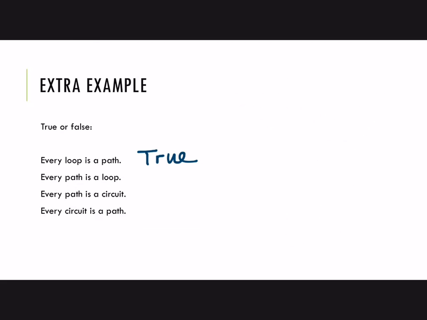If you want to say that technically a loop isn't a sequence of adjacent vertices, that it's just a single vertex, then you would say no, a loop is not a path. But if you want to consider this as the one weird case where we only have one vertex, and notice that the important thing is that we're not crossing edges more than once, then we're just going from A to A along one single edge, and that would fit the definition of a path.